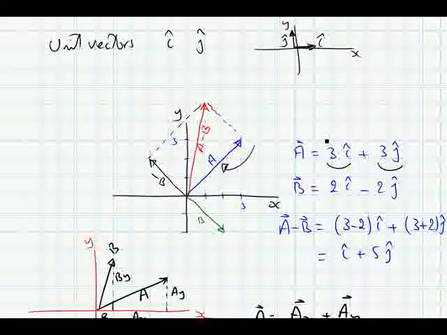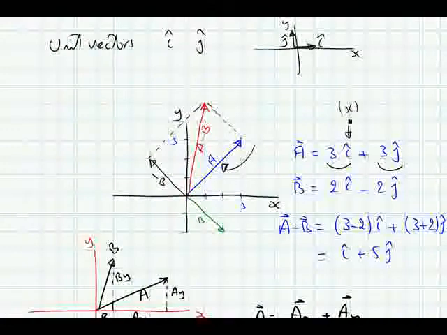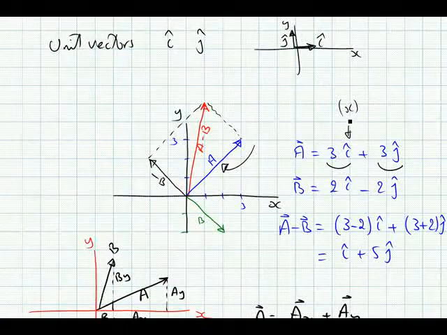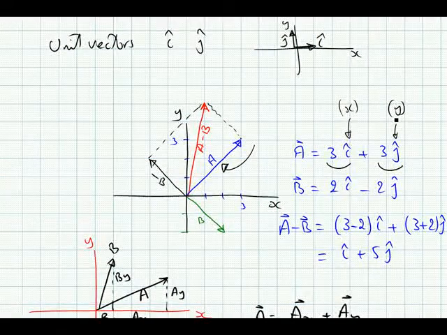That means my vector A is 3 units long along the x-axis, where i is a unit vector along the x-axis, and also 3 units along the y-axis. So vector A can be written in the unit vector language as 3i plus 3j.